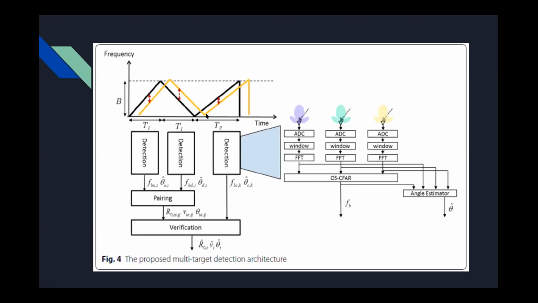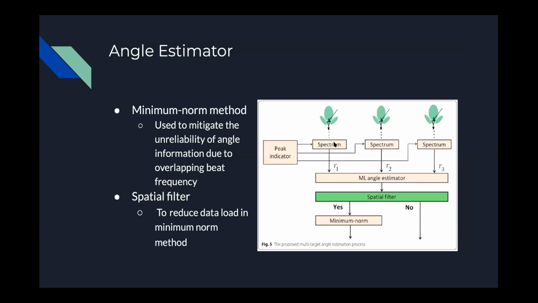As per some of the research that Amrit did, this might be possible to do with the transceiver ICs that we are planning to use. This detection block consists of the normal FFT and an approach called CFAR, constant false alarm rate, and a different approach for angle estimation. Why do we need a better approach for angle estimation? The similar problem of overlapping beat frequencies also exists in the case of angle estimation.